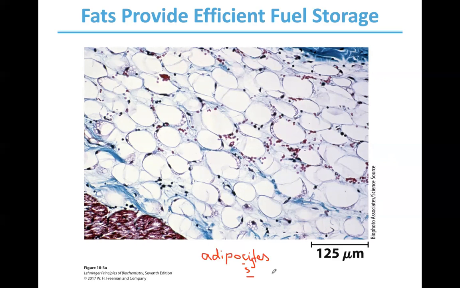So adipocytes are specialized cells designed to store energy in the form of triacylglycerol. And you can see there's so much of it that the cell nucleus is even displaced from its central location, pushed aside against the cell membrane, right?